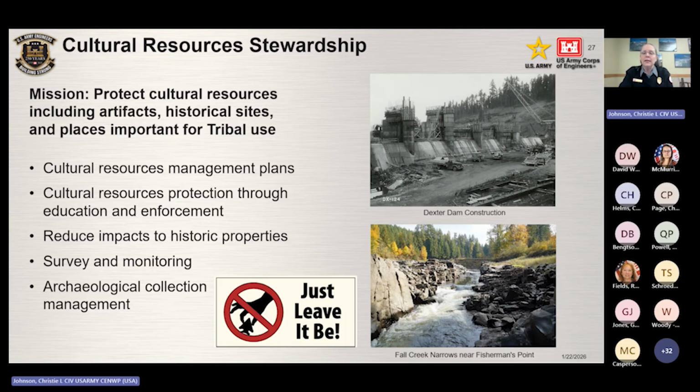And it also includes places and resources that are significant to tribes. The Corps surveys and monitors these resources with a small team of archaeologists and academic partners. And also the park rangers and law enforcement partners assist in protecting those cultural resources by educating people not to collect any resources from Corps land and enforcing those rules if necessary.